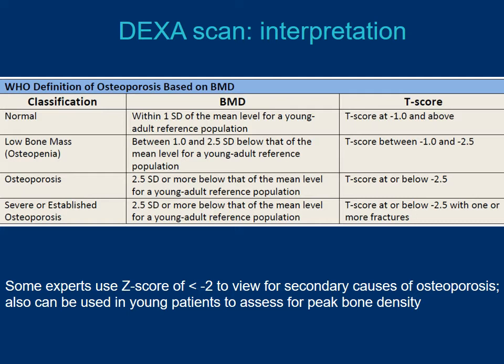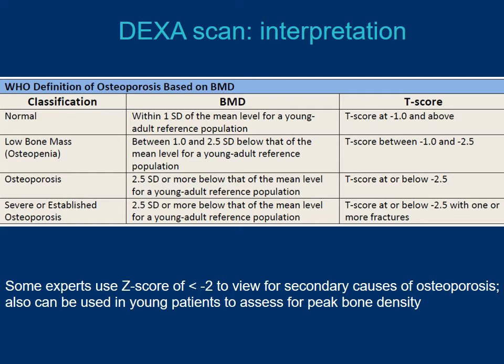So again, a T-score at minus 1 or above is normal. A T-score between minus 1 and minus 2.5 is osteopenia. This means low bone mass, but it has not yet become osteoporosis. A T-score below minus 2.5 is osteoporosis.